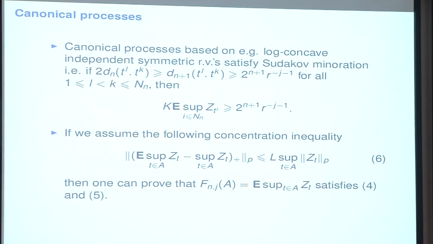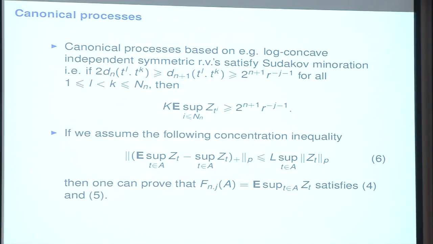So if the points are well separated in the distance d_{n+1}, but also by our hypercontractivity in the distance d_n, they are well separated, we can demand that the expectation of such a supremum is of the right order if we multiply it by some constant, say k here.